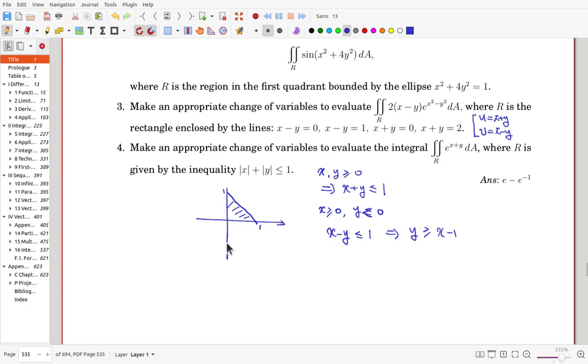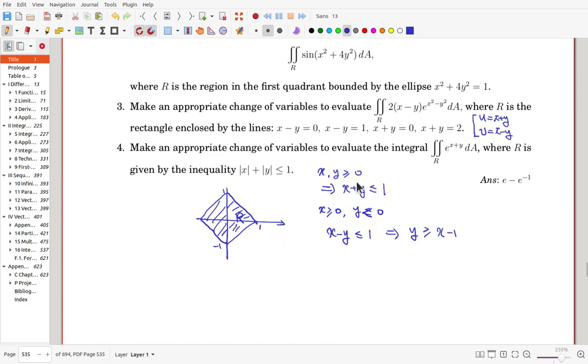That means this portion here, which is minus 1. So if you try to consider all the cases, then you will get this region. So this whole thing is R over there.